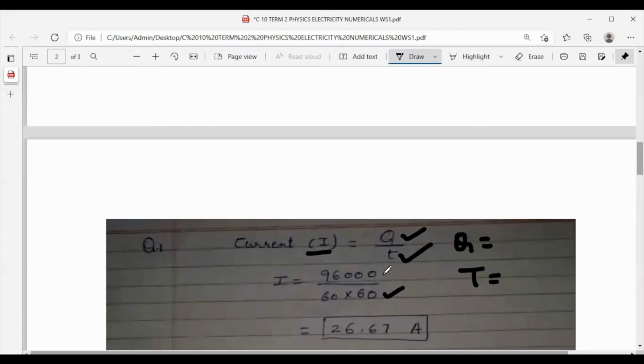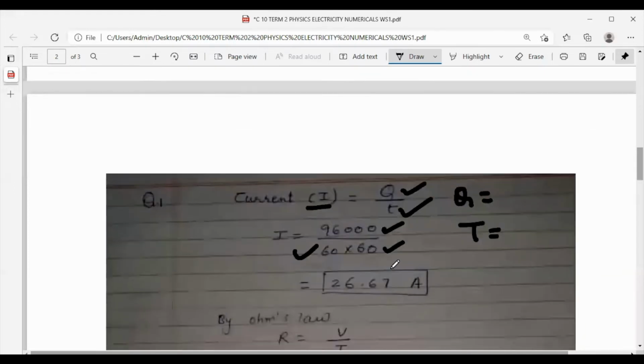Q is 96,000, and we divide it by the time, 1 hour, that is 60 multiplied by 60. When you do the calculation, you will find that I is equal to 26.67 ampere.